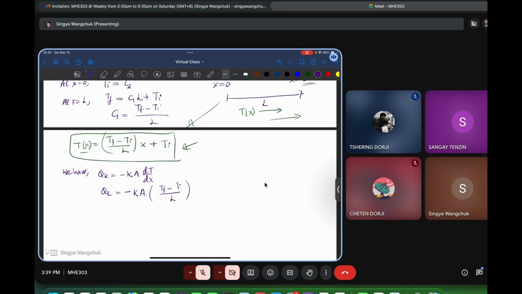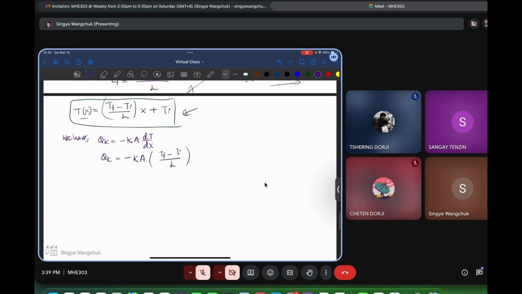So what did we get now? This is actually the Fourier equation for the plane wall.